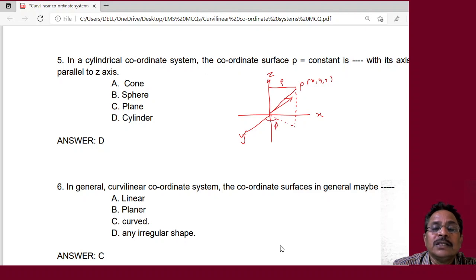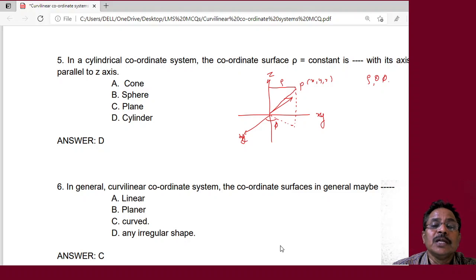I can take this to be the x axis, no problem, and this is the y axis. So the angle made by the projection of this rho on the xy surface, or z equal to 0 plane, is taken to be phi. In the spherical polar coordinate system there are r, theta and phi, the three different coordinates.